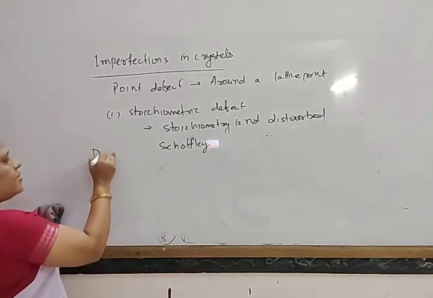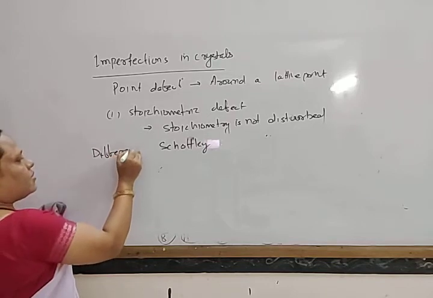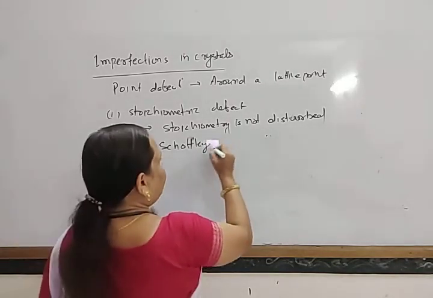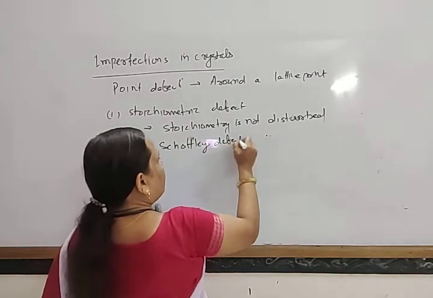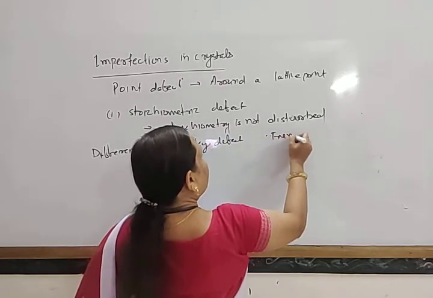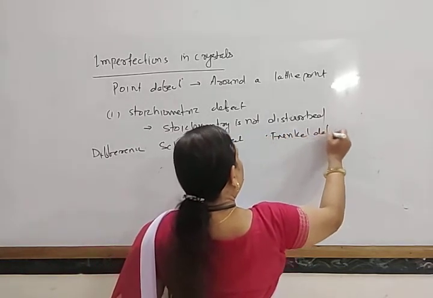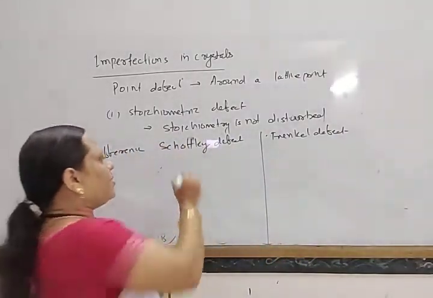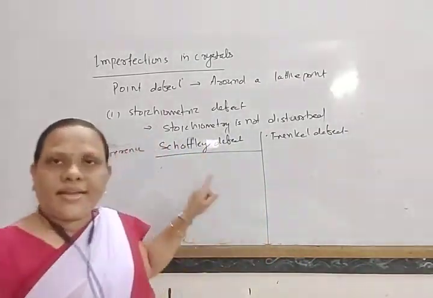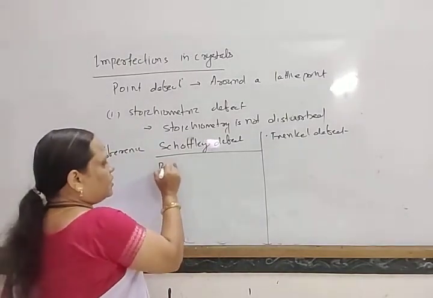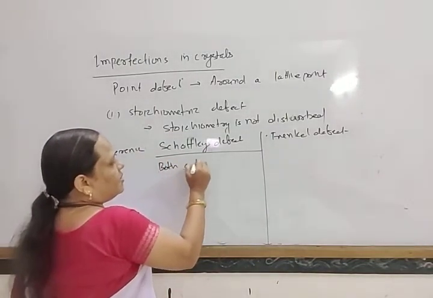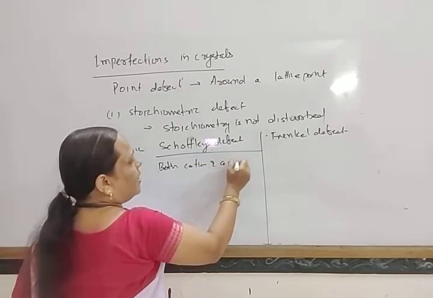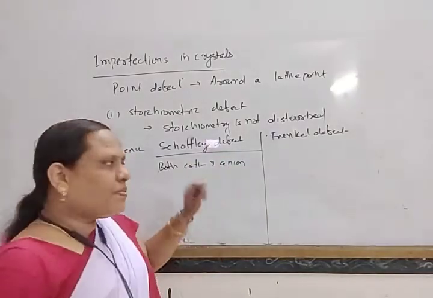Difference between Schottky defect and Frenkel defect. In Schottky defect, both the cations and anions leave their position, but in Frenkel defect, only cations leave their position.